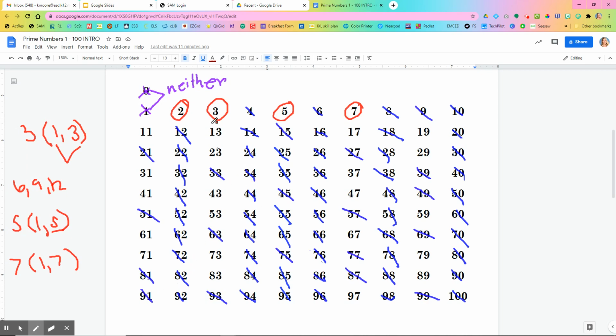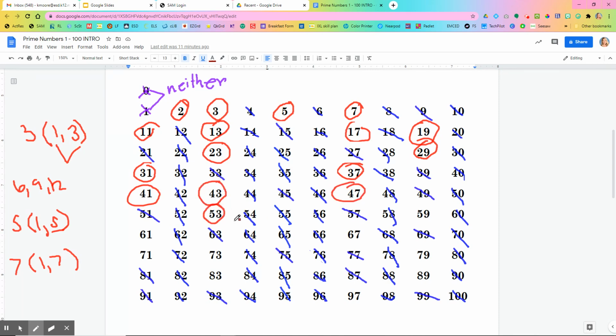There should be 25 of them, so let's double check. 1, 2, 3, 4, 5, 6, 7, 8, 9, 10, 11, 12, 13, 14, 15, 16, 17, 18, 19, 20, 21, 22, 23, 24, and 25.